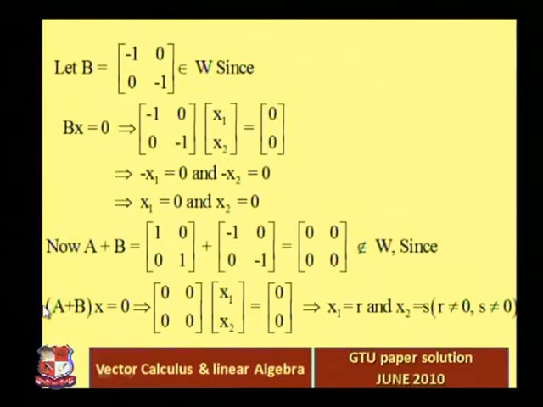Now this does not belong to W, since we need to check (A plus B) into x. For A plus B to belong to W, what we have to check is that if (A plus B) into x is equal to 0, then we get x is equal to 0, right. Starting with (A plus B) into x is equal to 0, that is (0 0; 0 0) into (x1, x2) is equal to (0, 0).